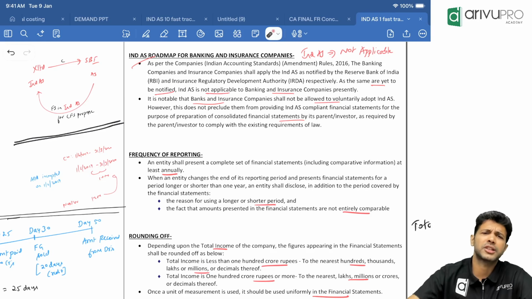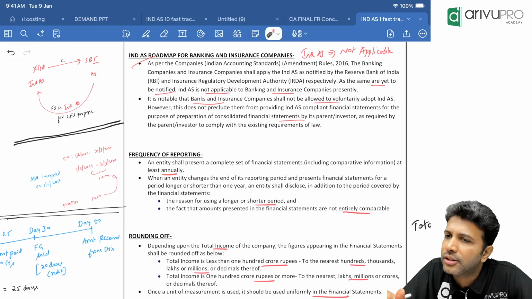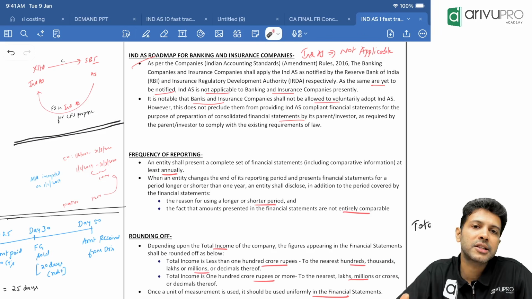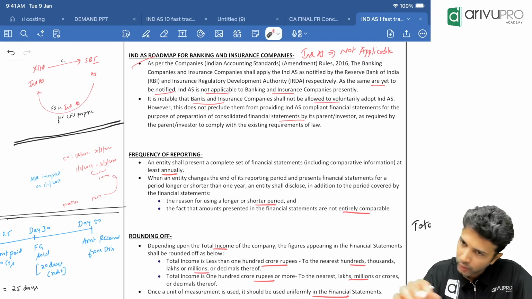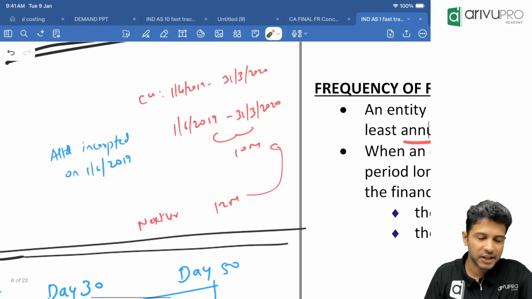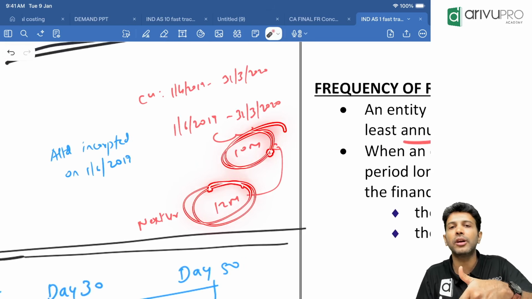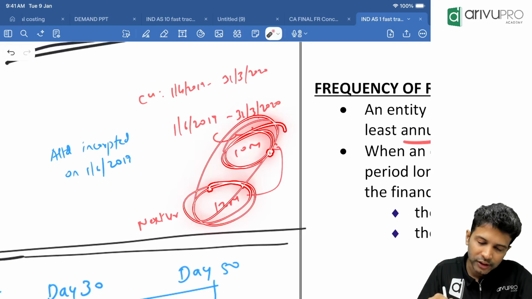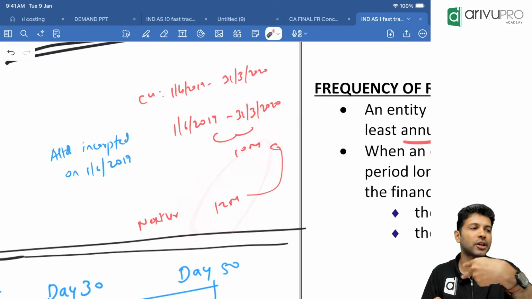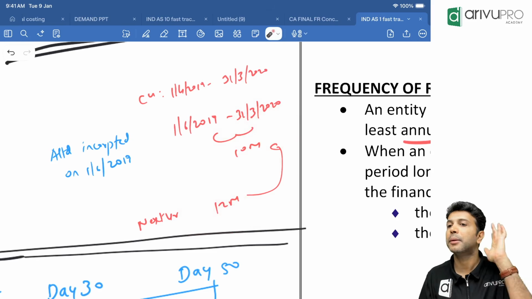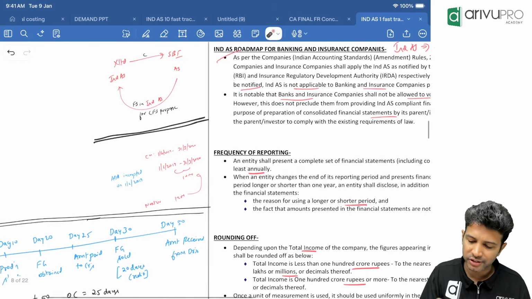You will give a justification saying we got incorporated only for 10 months, or the company shut down within 7 months. Hence, last year we prepared financial statements only for 7 months. But next year when you present financial statements, the current year's data will be for 12 months, and the previous year's data in this example is only for 10 months. So you need to give a disclosure saying these two financial statements are not totally comparable, because this is 12 months data and the previous year is 10 months data. That's what is given here.